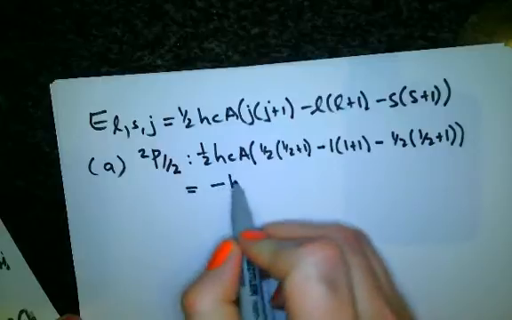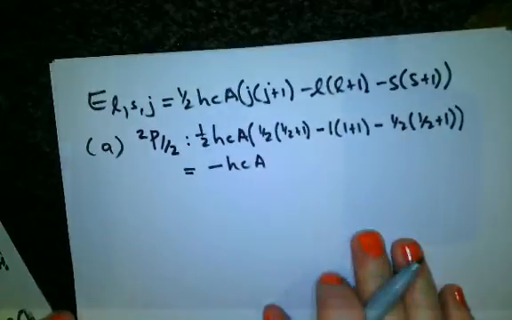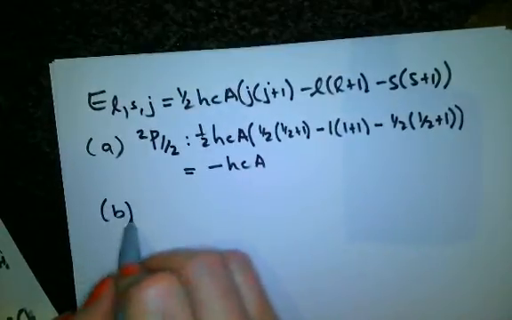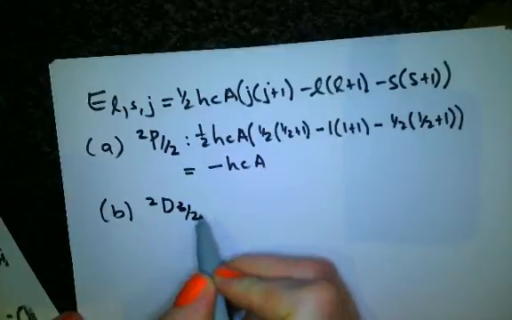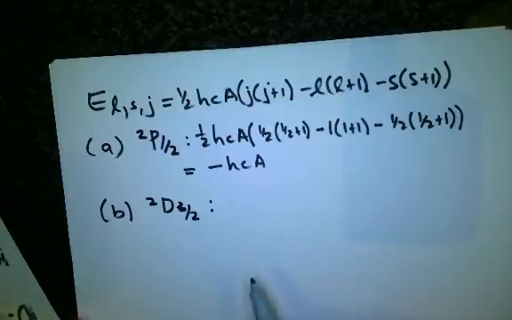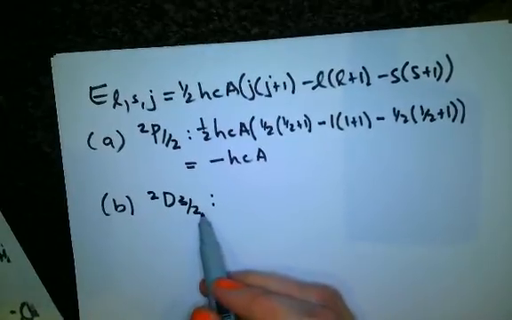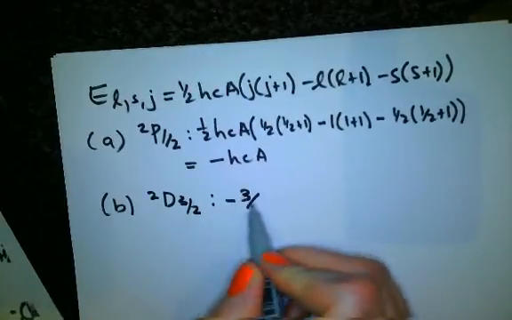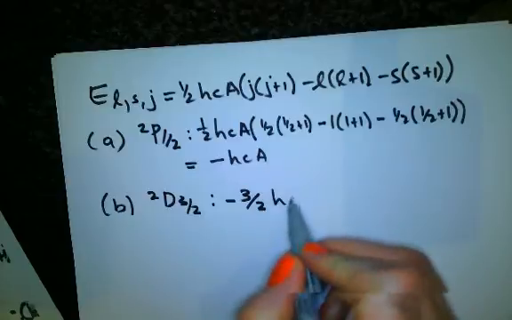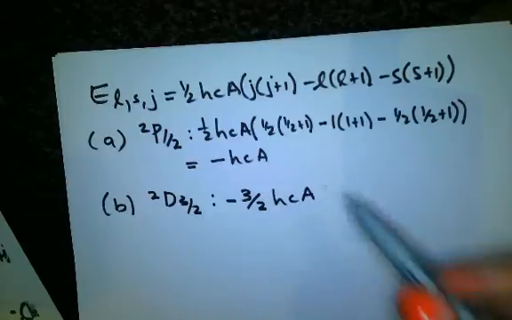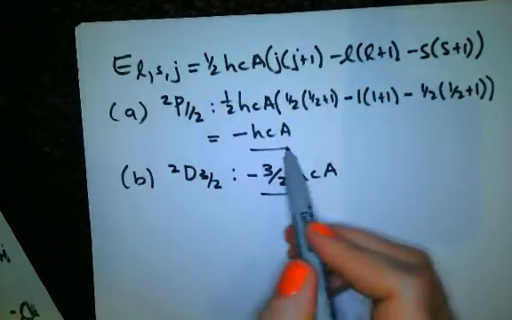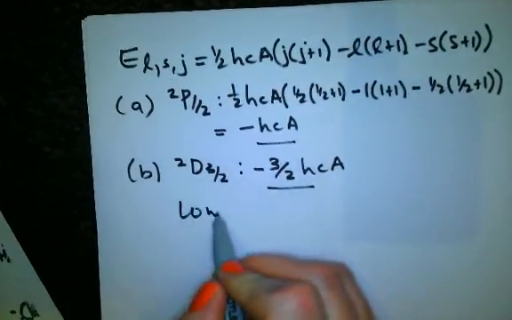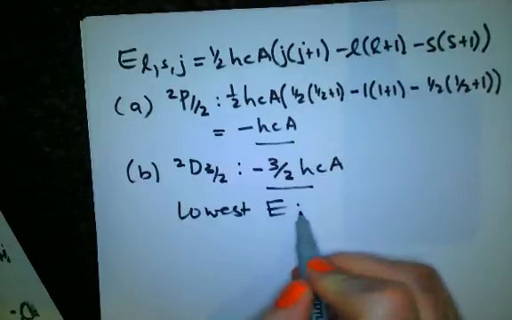For the B configuration, which is this one, the lowest one of the possible 2, we will find that the energy is equal to that. So which of those two is the lowest? Well, that is lower than that. So the lowest energy is that one.